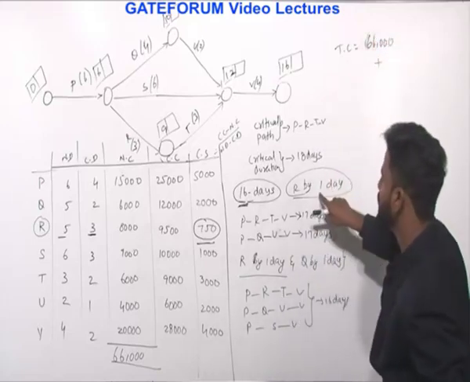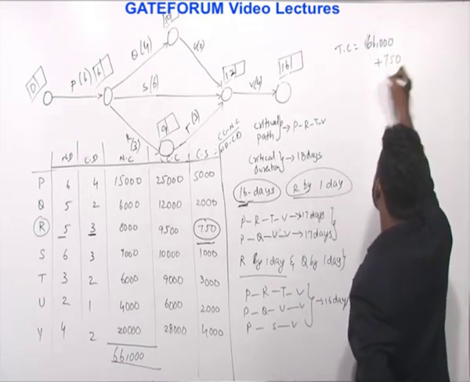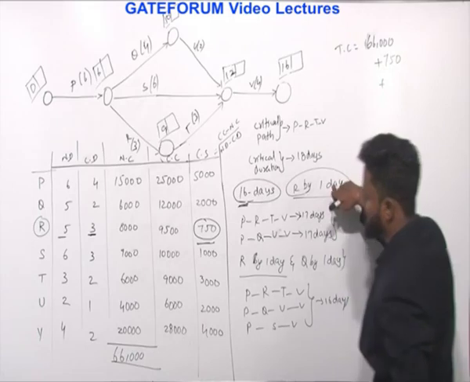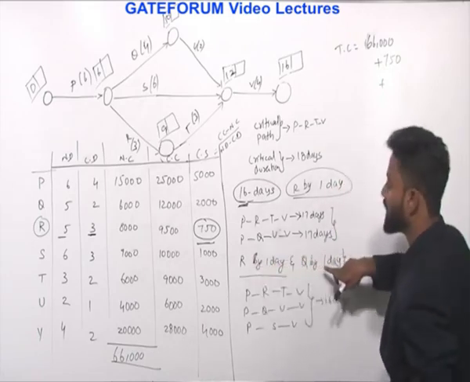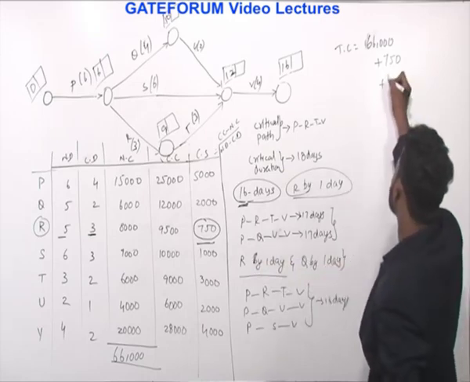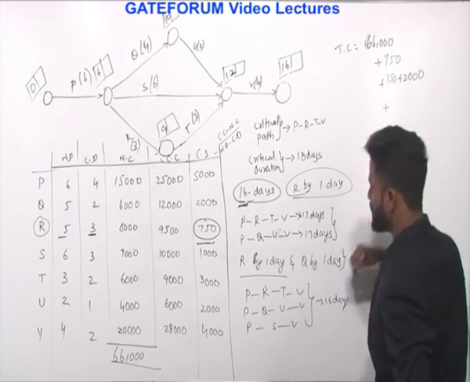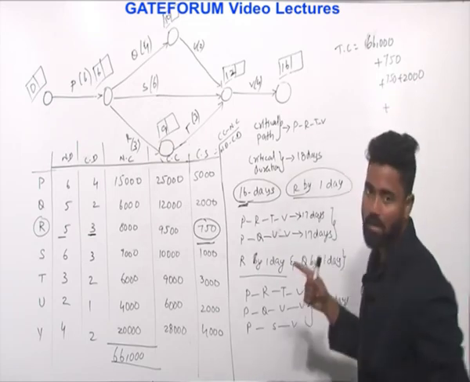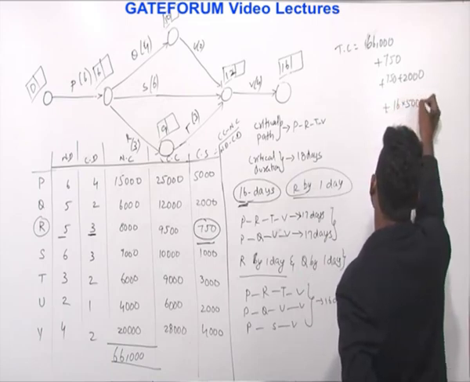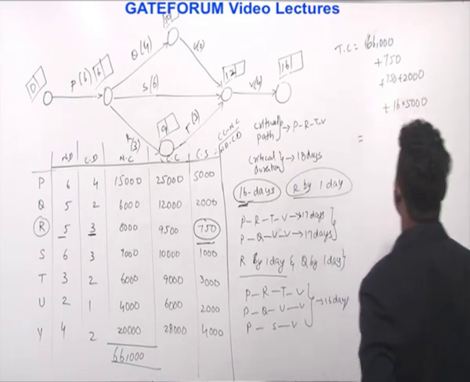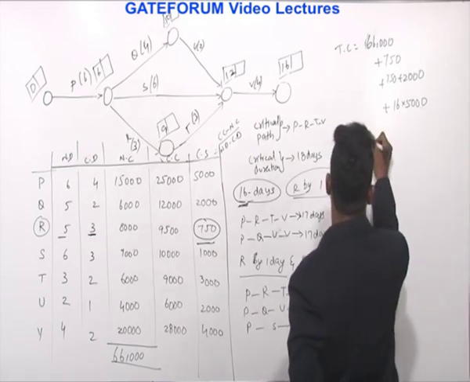And initially you crashed R by 1 day, so it would be increased by 750 in the first case. In the second case, you crashed R by 1 day and Q also by 1 day, so this would be 750 plus 2,000. And finally the indirect cost: he has given 16 days at 5,000 per day.